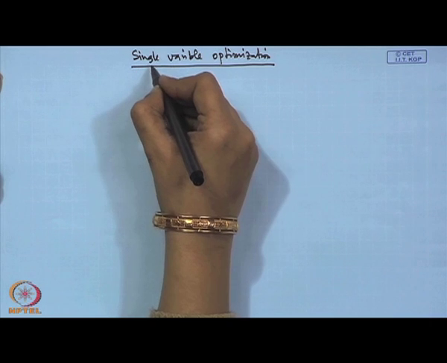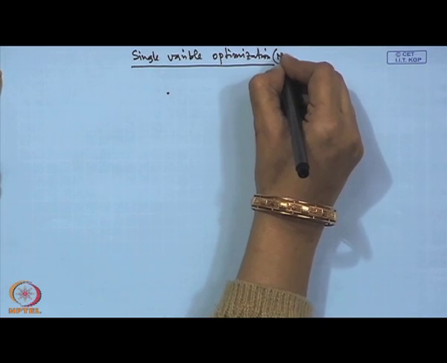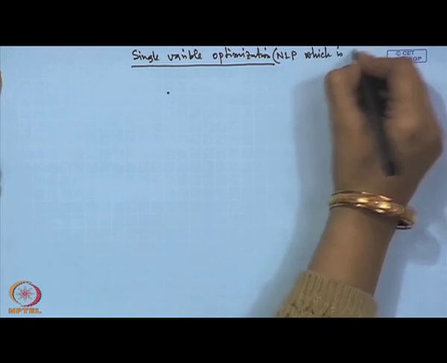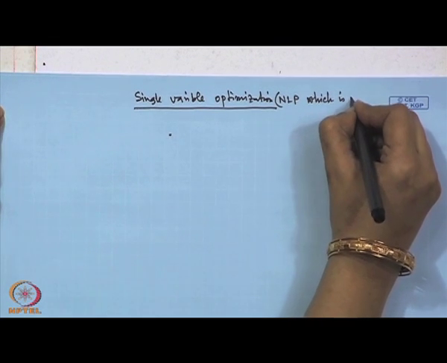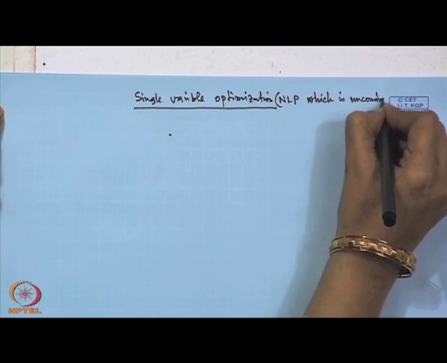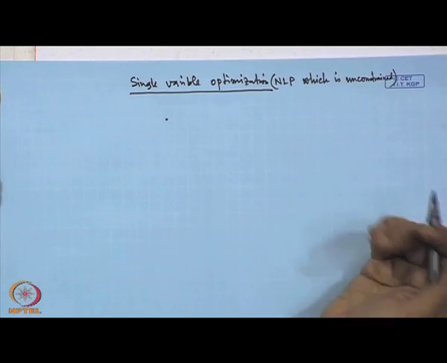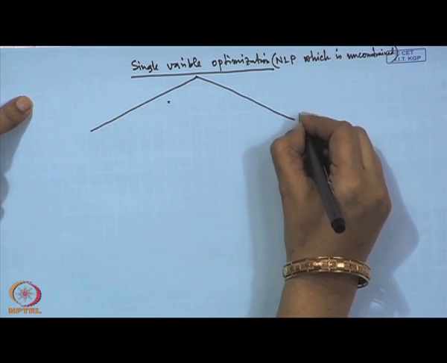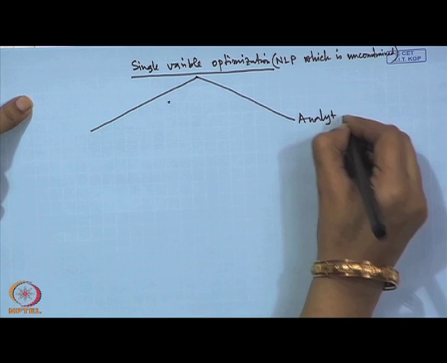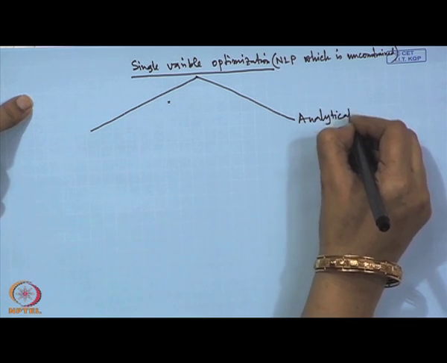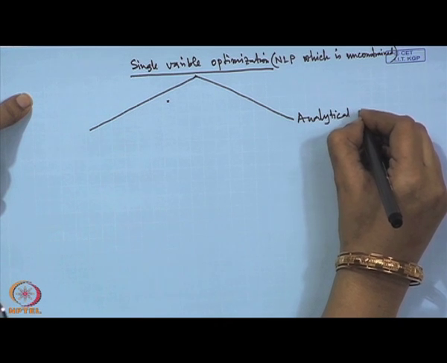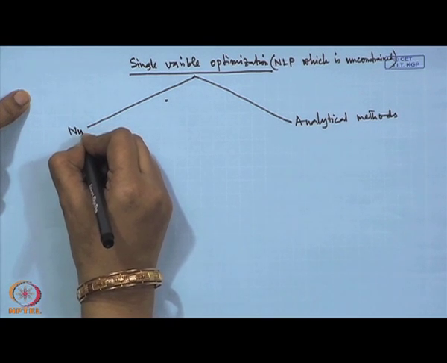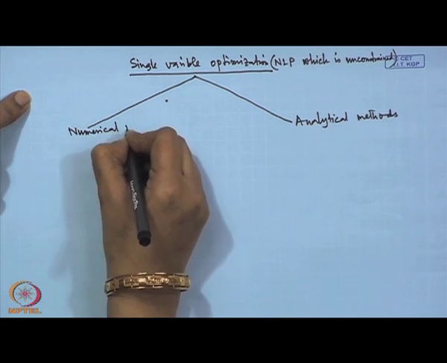That is why we are dealing with single variable optimization NLP, that is a nonlinear programming problem which is unconstrained. There are several techniques for solving it. If I refer to my previous lecture, there are certain analytical procedures, more specifically the classical optimization techniques, and there are certain other methods also, the numerical methods, which I am discussing today.